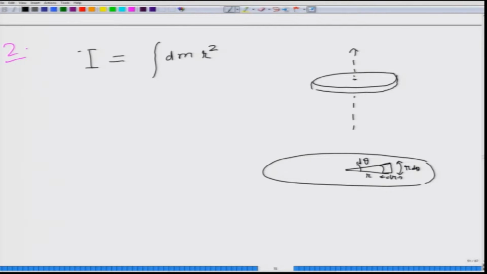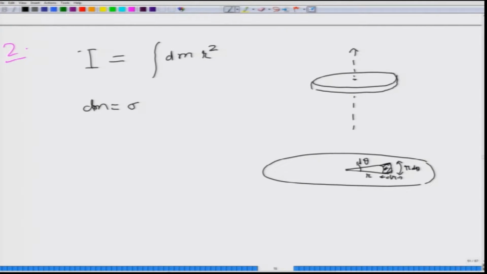Then the mass of this small chunk, say dm, will be the mass density of this disk, say sigma, times the area of this chunk.